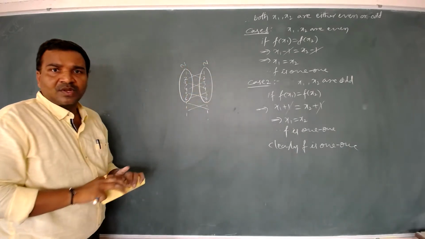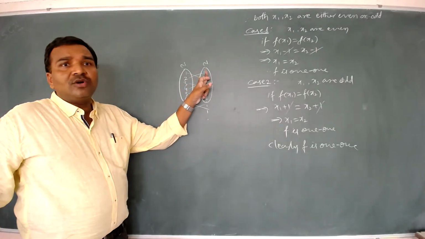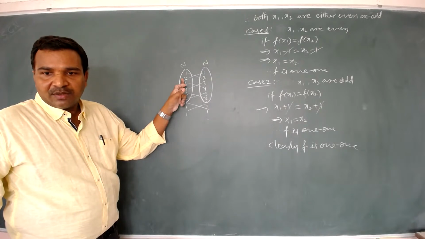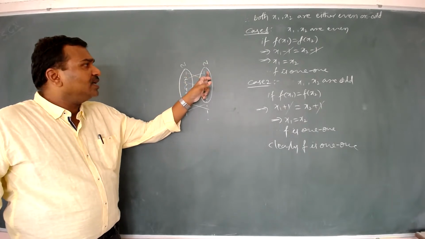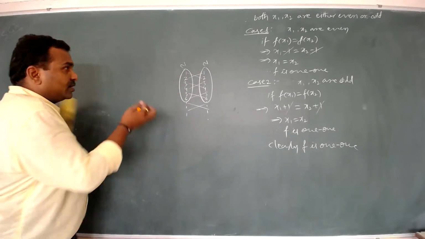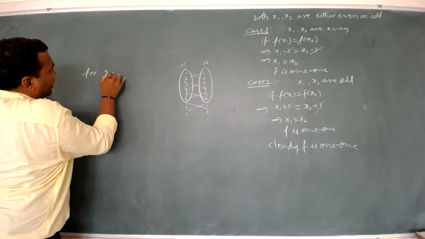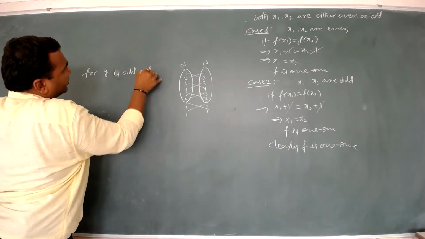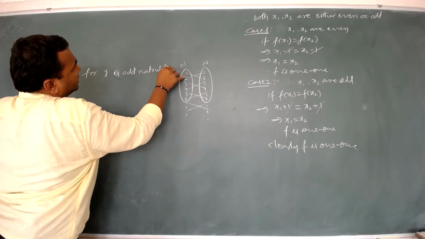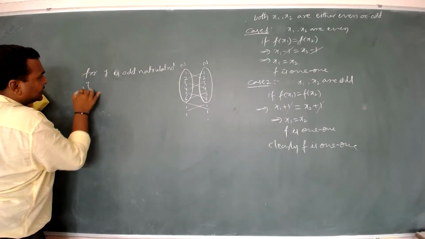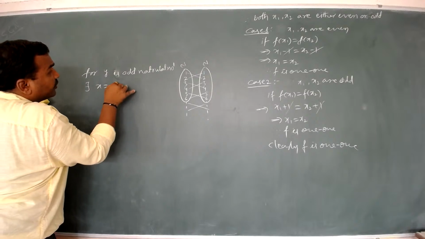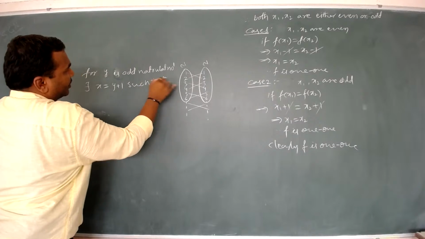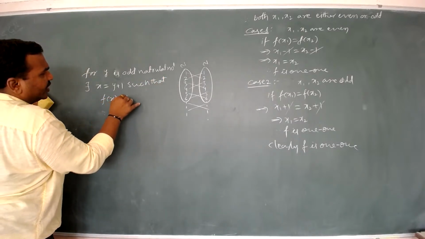Observe. For y equal to 1, what is the x value? Y plus 1. Correct? If y is odd, the x value must be y plus 1. See, for y an odd natural number, there exists x equal to y plus 1 such that f of x equal to y only.